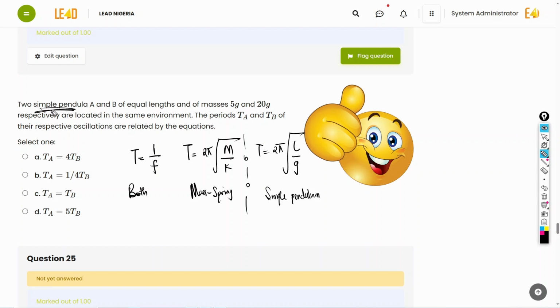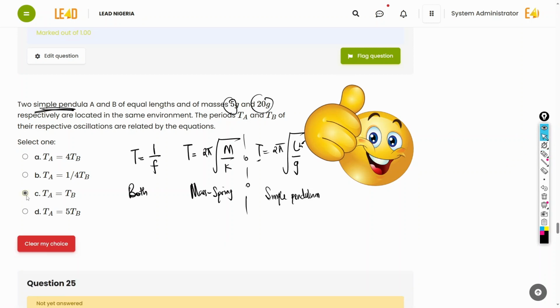And as you can see, in a simple pendulum, the change in mass has nothing to do with the period. The period of the simple pendulum system has nothing to do with the masses. So if they have equal lengths, which is what really matters for a simple pendulum, then their periods will be the same. The correct answer is option C. For a mass spring system, the force constant and the mass actually do matter.